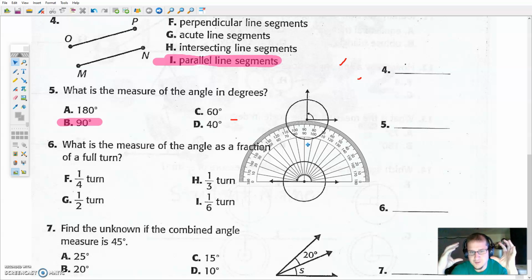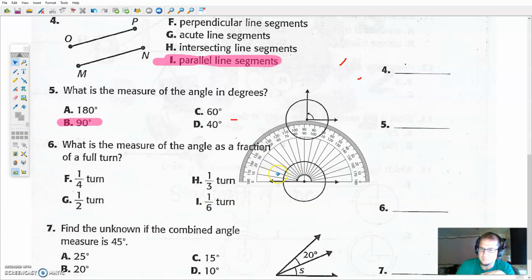Now, if a circle is 360 degrees, 90 degrees would be a quarter turn, 180 degrees is a half turn, and then the third turn and sixth turn we could figure out if we calculated. 1/3 of 360 would be 120, and 1/6 of 360 would be 60.